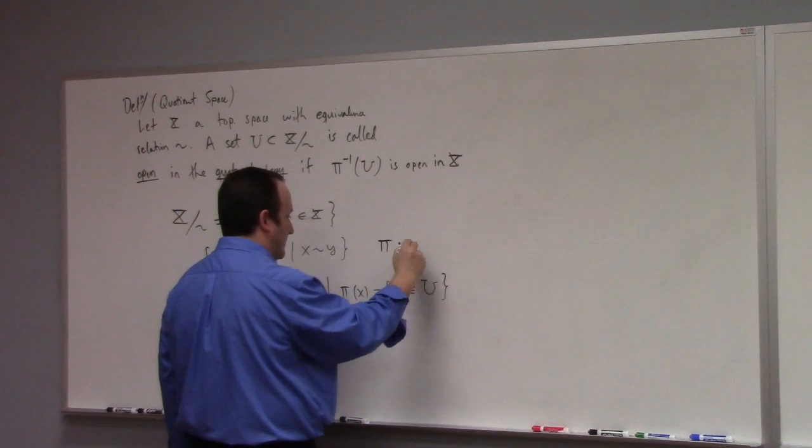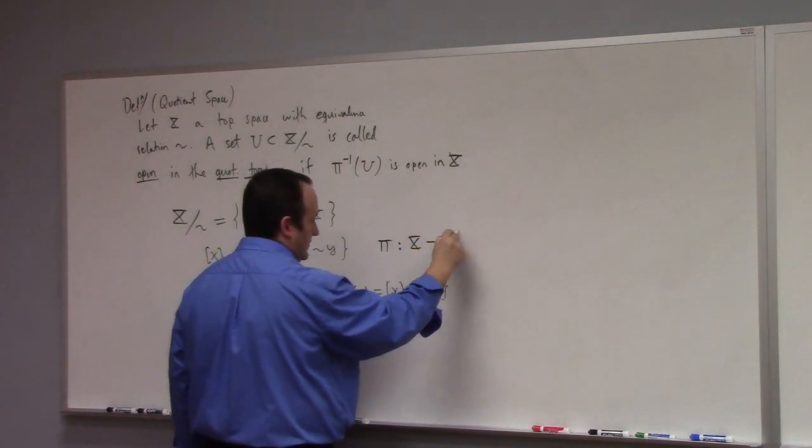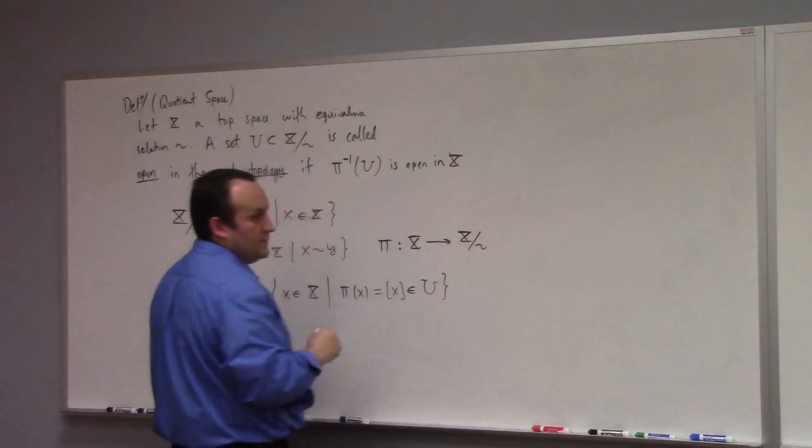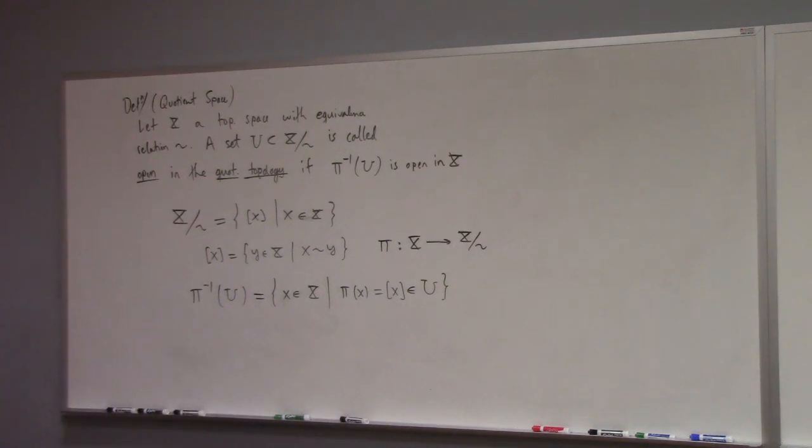Pi is a mapping from big X to the set of equivalence classes, right? To the quotient space, as it's called. So this is the same, is there something wrong? Okay. I mean, this is the same definition that we looked at last time, right? Good.